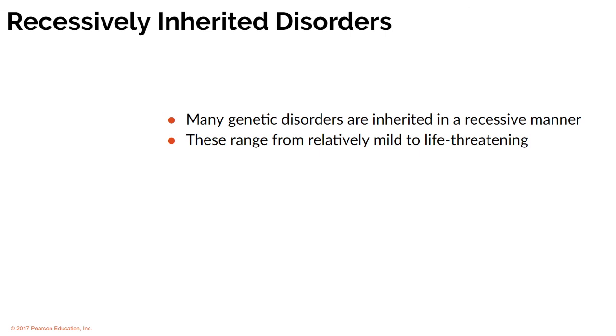So mucus sort of builds up in your lungs, and that can cause bacteria to go rampant and cause disease. It causes all sorts of side effects, and it's not pleasant. It is an example of a recessive genetic disorder.